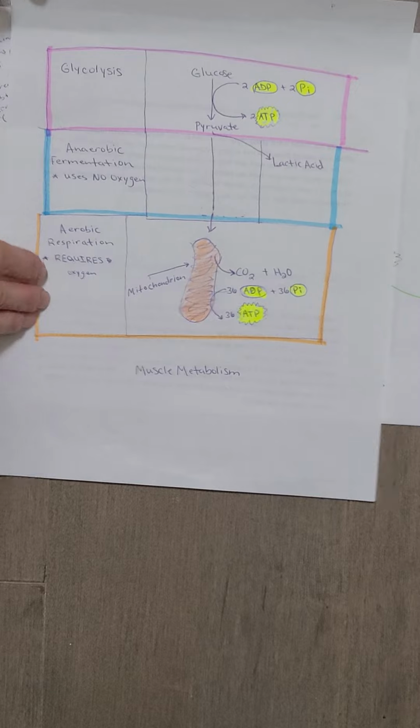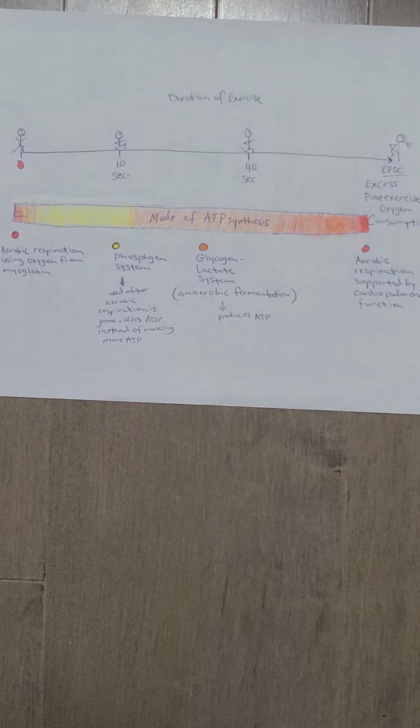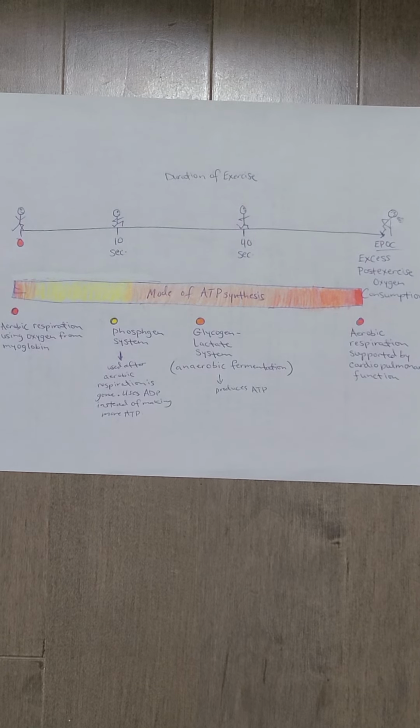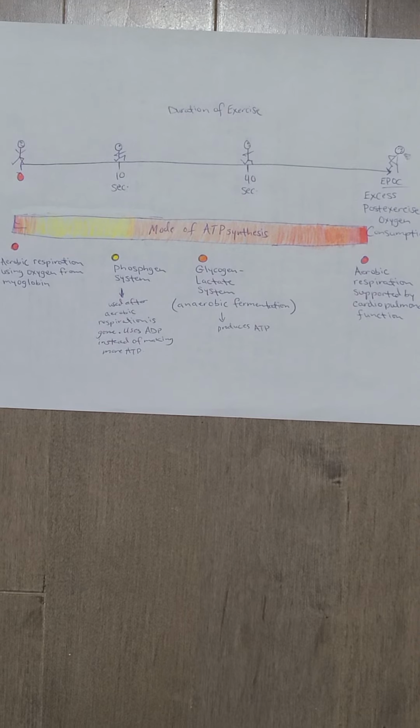Now, it kind of goes in cycles. And again, I'm sorry for my lack of artistic talent, but you can kind of see the process of the duration of the exercise.